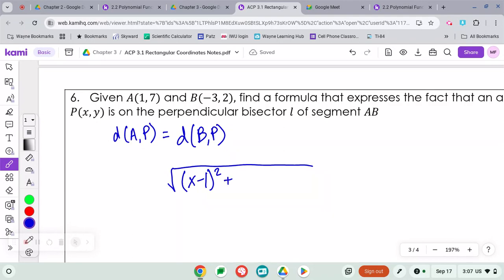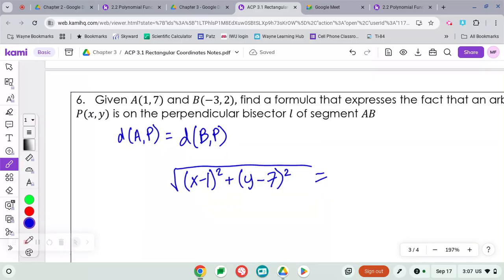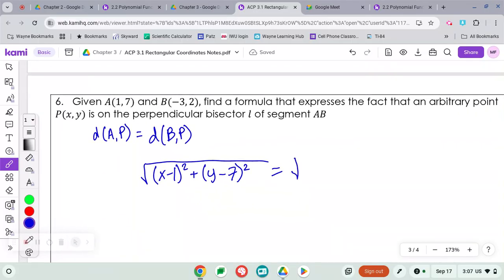Plus then the change in y, so y minus 2, no, sorry, wrong one, y minus 7. Once again, how did I get that? Right here, these values. Now all that will equal the distance of B to P, same thing, except now it's, once again, x minus negative 3 squared plus y minus 2 squared.